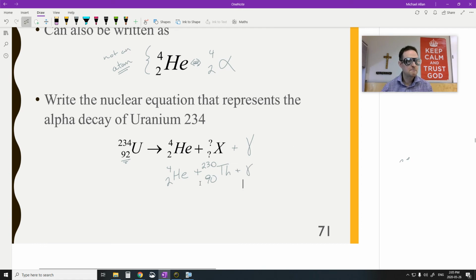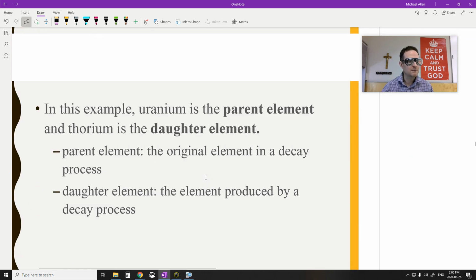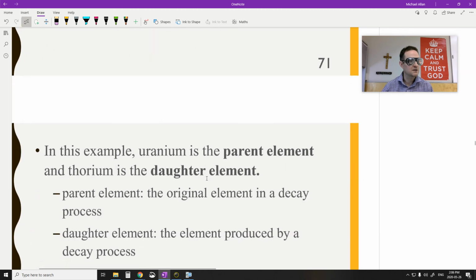And there we go. That's pretty cool. Thorium 230. Most likely it's supposed to be 232. Pretty much everything after radium, or even radon, is radioactive. So no matter what kind of isotope it is, it's most likely radioactive.